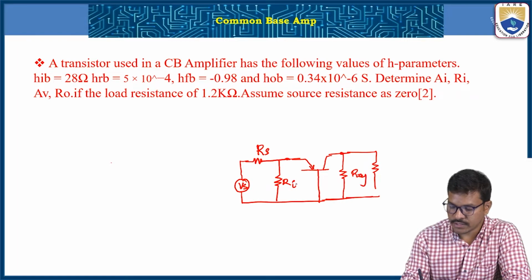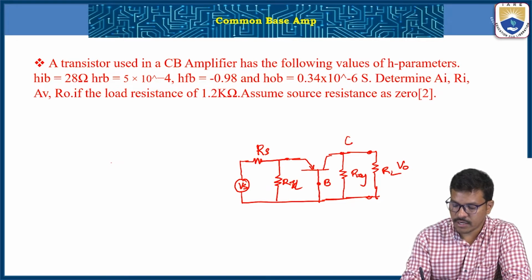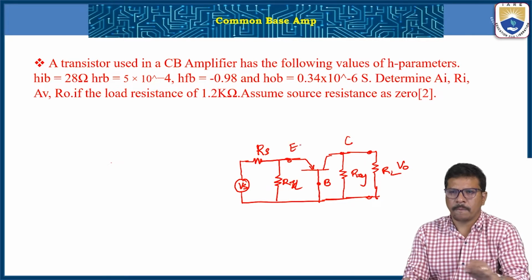So we can take it as Rx and Ry, that is load resistor. We can measure the output voltage. It is a collector, it is base terminal, it is emitter terminal.